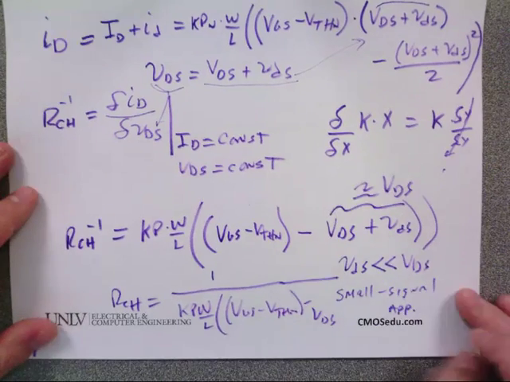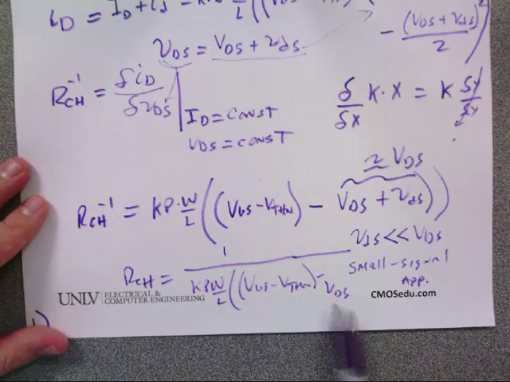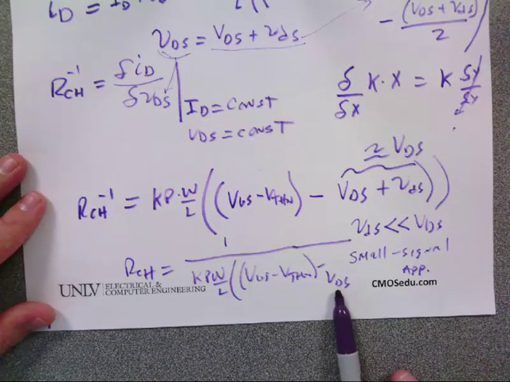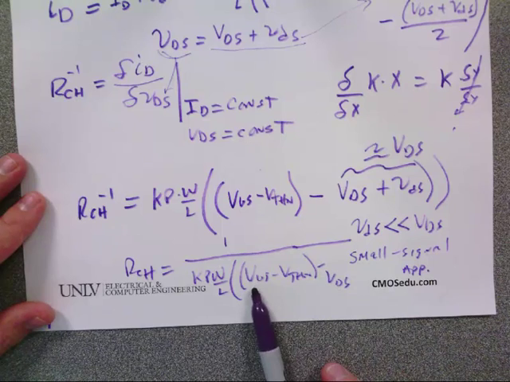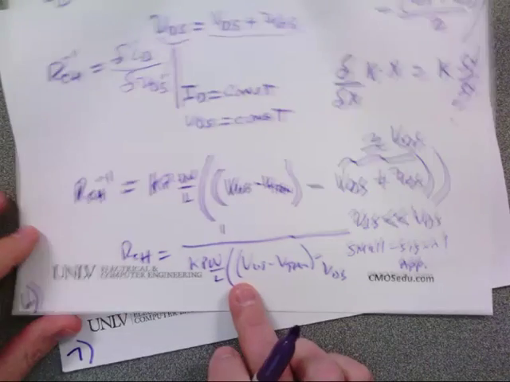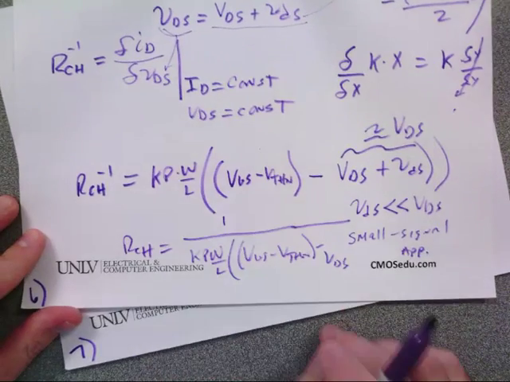Since we're running out of time, notice that it's very common when you're deep in the triode region for the VDS to be much, much smaller than VGS. So let me write that on the next page, nice and neat. Our channel, wait, how did I get 1 over this? Yeah, it's just the reciprocal.